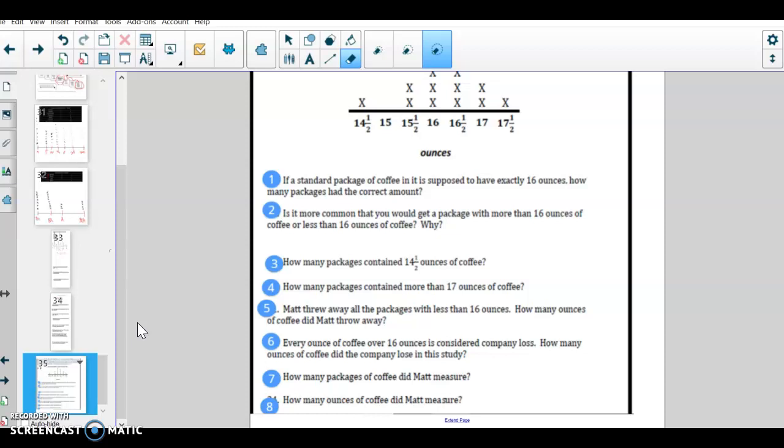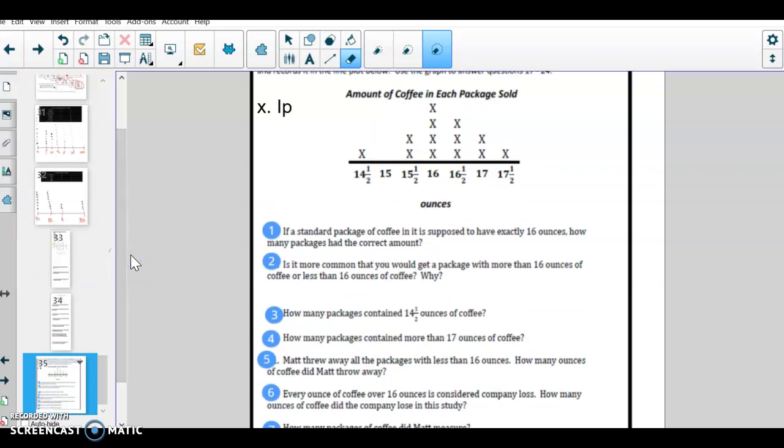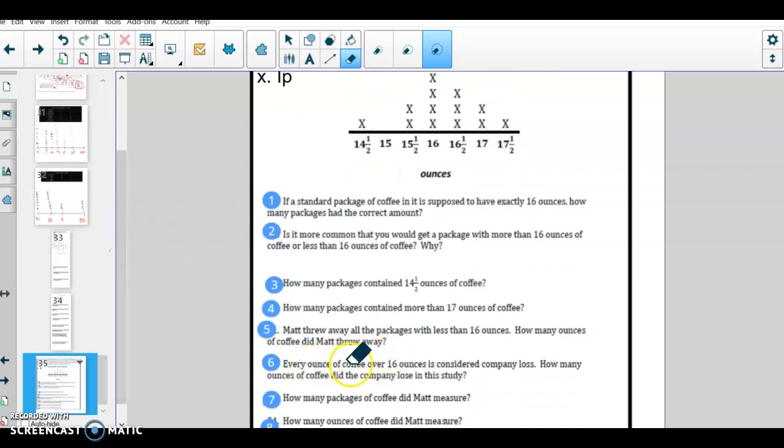How many ounces of coffee did Matt throw away? So when you first look at this, you might think, oh, I'll just count the X's, right? So Matt threw away all the packages that were less than 16 ounces. So I would highlight all of my packages less than 16 ounces.